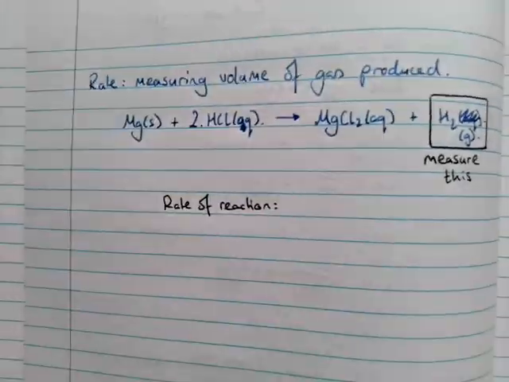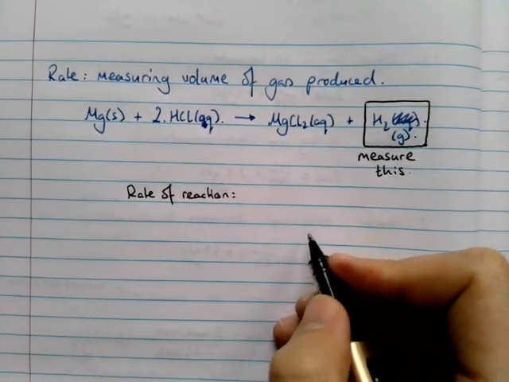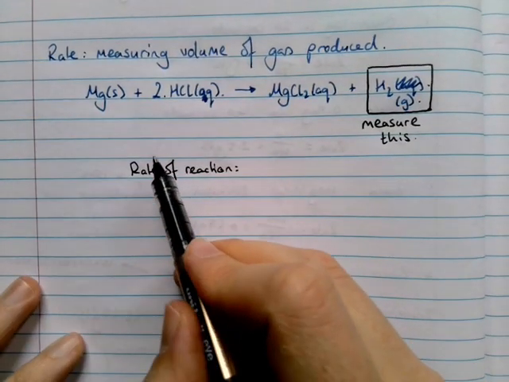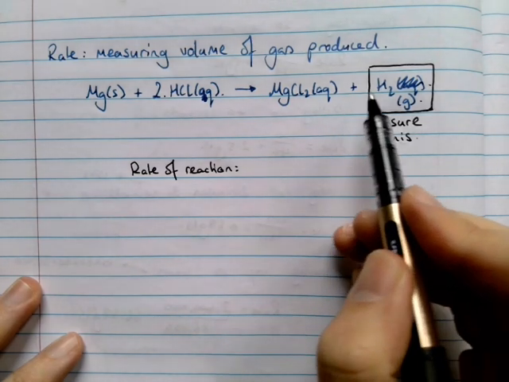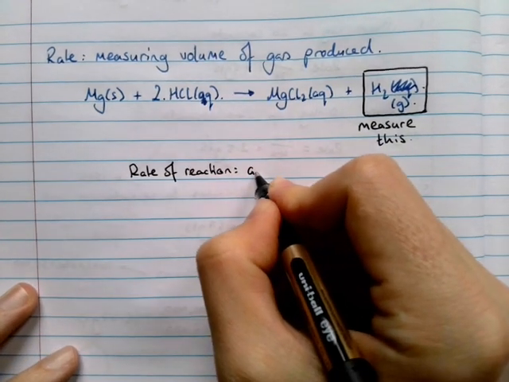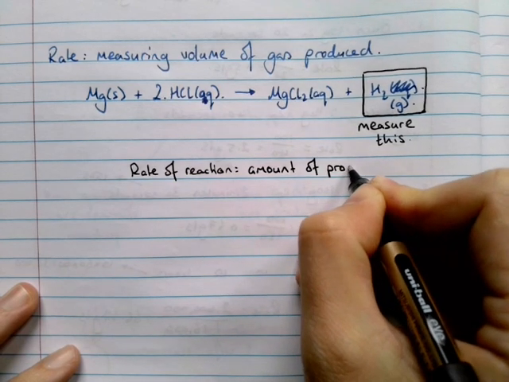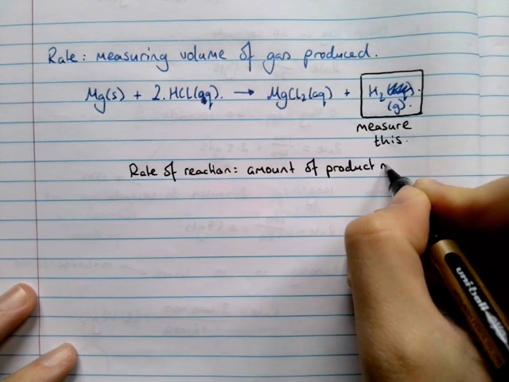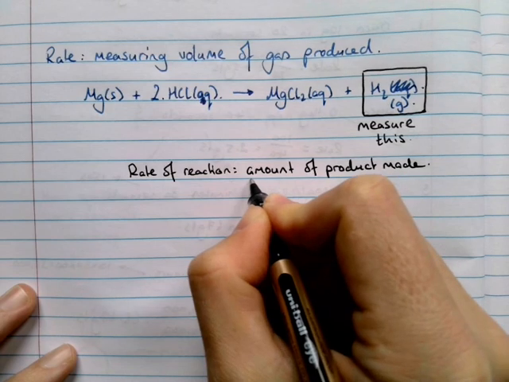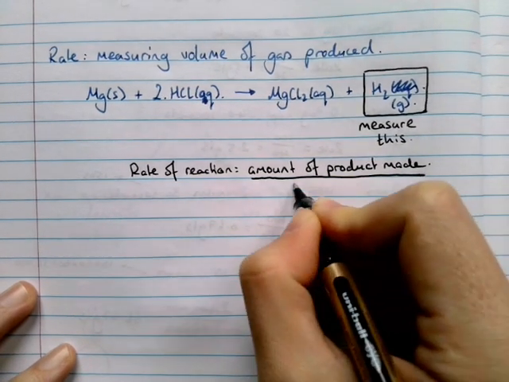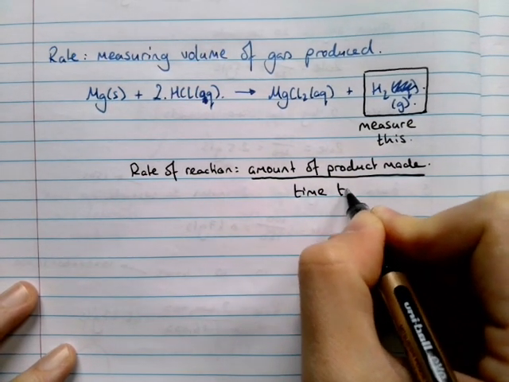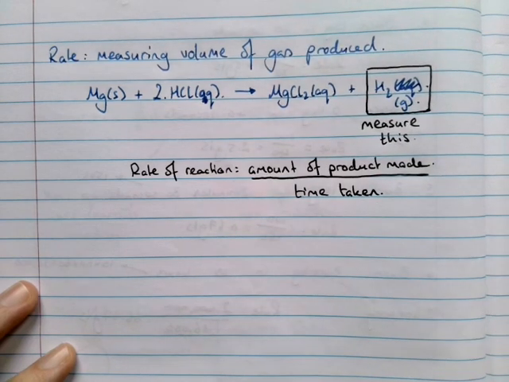So now our rate of reaction is not the amount of reactant used, it's the amount of product made divided by time taken.